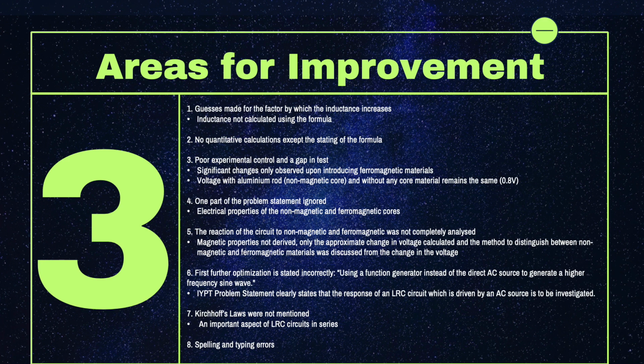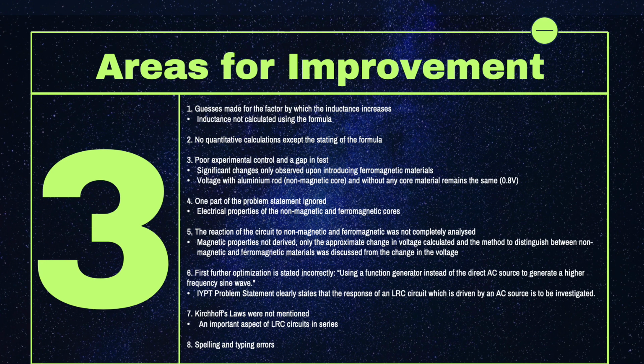Firstly, change in current was never calculated. Secondly, the magnetic properties were also not derived and only the approximate change in voltage was estimated, and a method to distinguish between non-magnetic and ferromagnetic materials from the change in voltage was discussed. Hence, in a nutshell, out of the two parts of the problem statement, the first part about electrical properties was totally ignored.